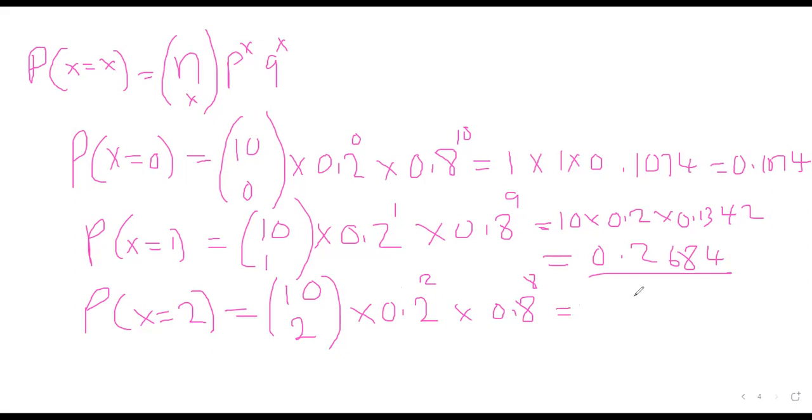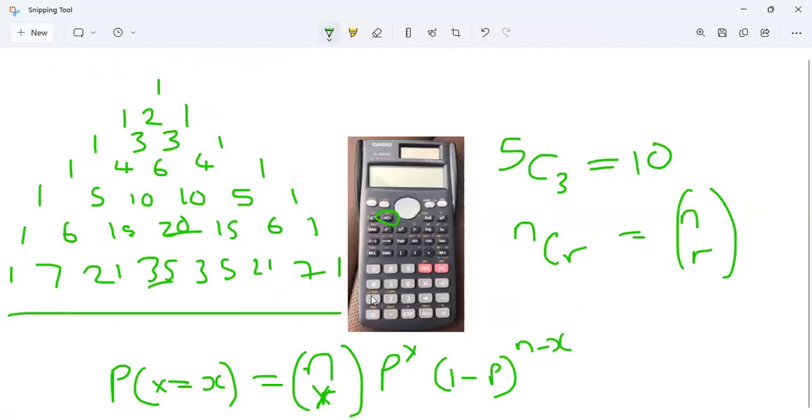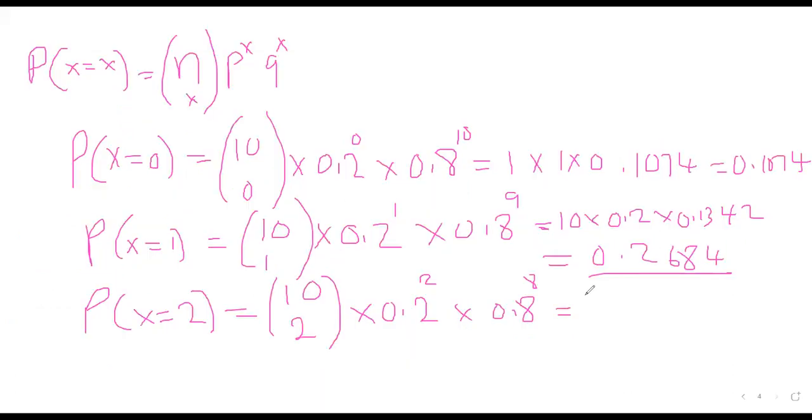So the difference there, then you now compute this. 10 combination 2. You can use Pascal's triangle, or just quickly go to your calculator. Remember, for the first 2, I didn't bother myself to use a calculator because I know n number combination 0 is 1, n number combination 1 is itself. But this one here, I can't use my head.